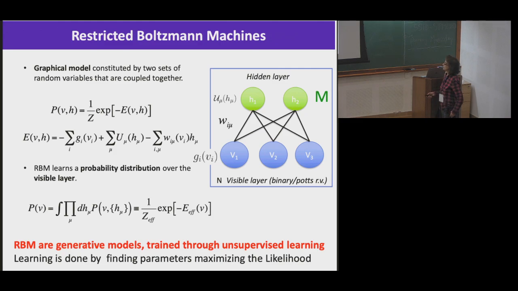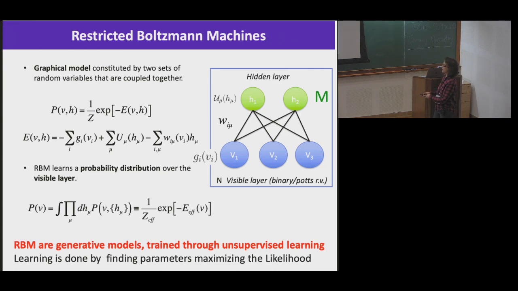And you learn these parameters by integrating this joint probability distribution over the value of all possible configurations of the hidden units, and this gives you a probability to obtain a given set of visible units.